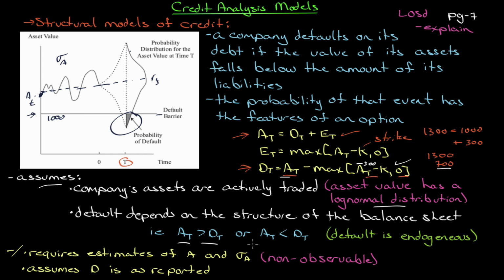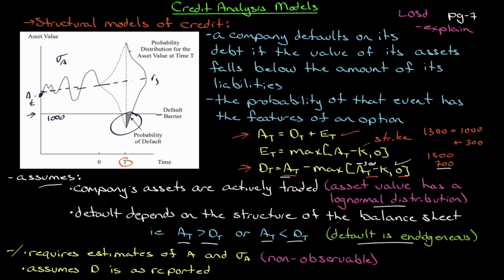Whether the asset value is greater or less than the debt value will determine whether or not we pay off the debt. What the structural model is getting at is that default is endogenous. We really only need the structure of the balance sheet to model the probability of default.